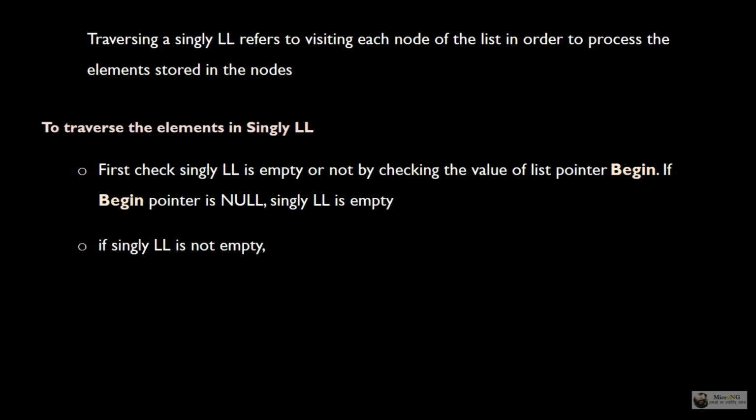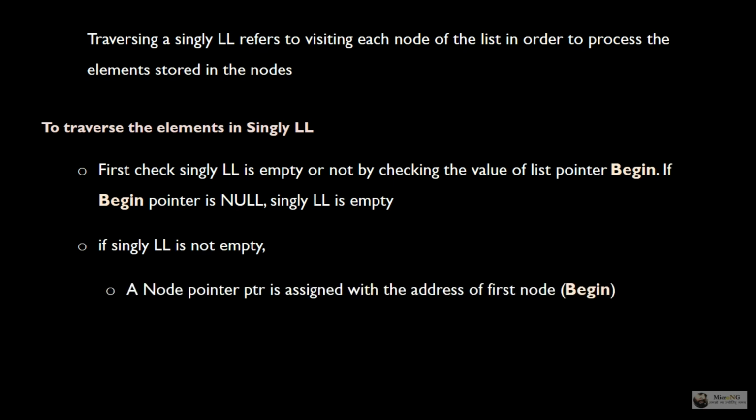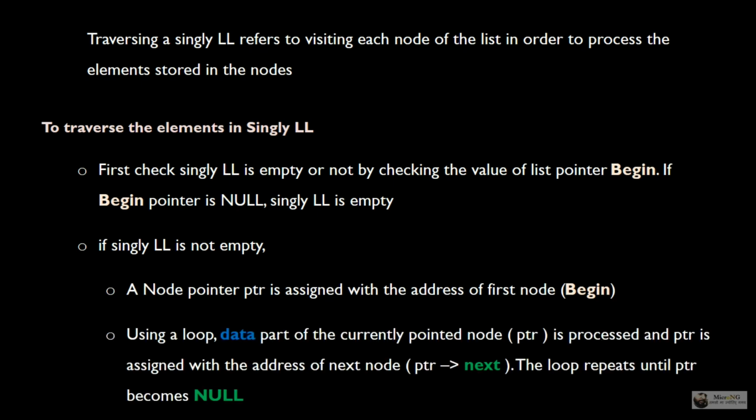If it is not empty, a node pointer PTR is assigned with the address of the first node, begin. Using a loop, the data part of the currently pointed node PTR is processed and PTR is assigned with the address of the next node, that is PTR next. The loop repeats until PTR becomes null.